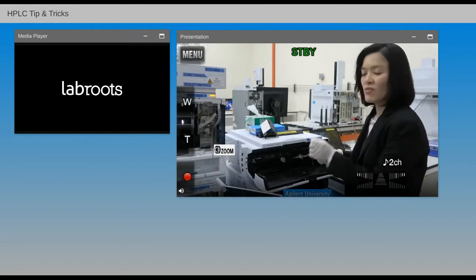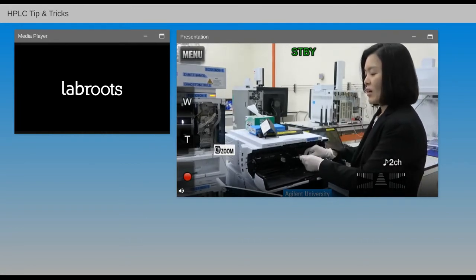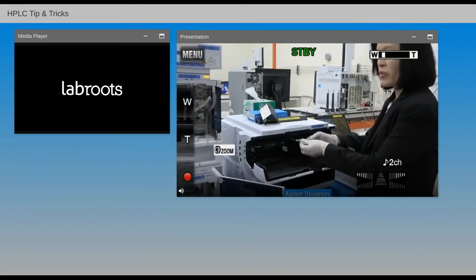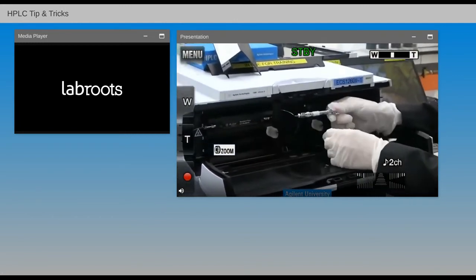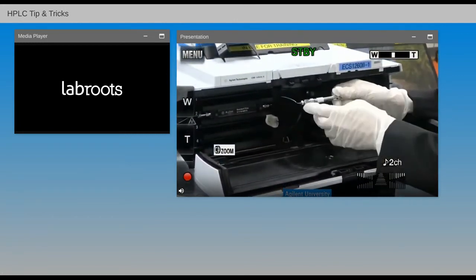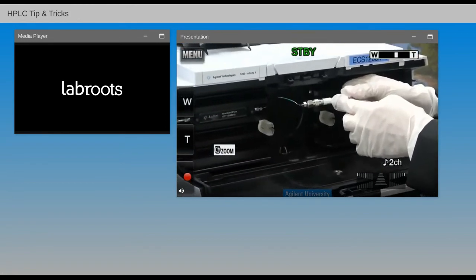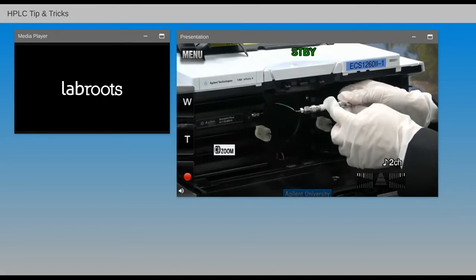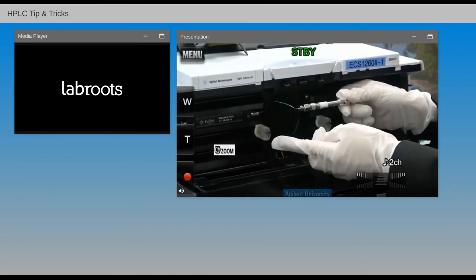This column has a very, very small particle size. This small particle size requires a frit at both ends to protect the particles from dropping off the column. So usually when there is a choke, it will happen at the frit. It's also to protect the column so that contaminants don't go into the column, and also to keep the particles from falling off the column.